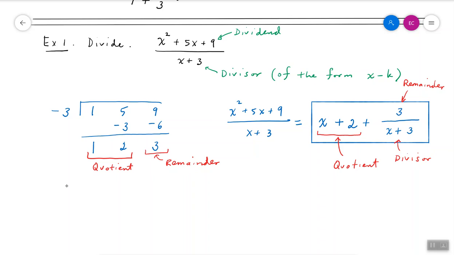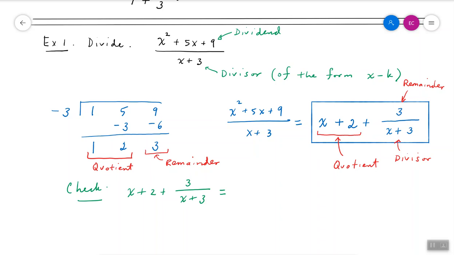Well, what if we took our answer and we just added it all back together? So what I'm saying is, let's take x plus 2 and add 3 over x plus 3 to it. In order to add fractions, you need a common denominator.